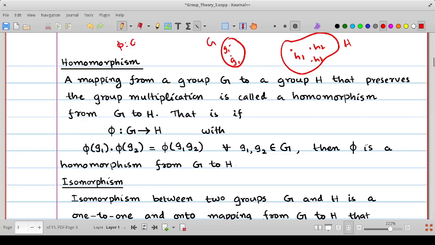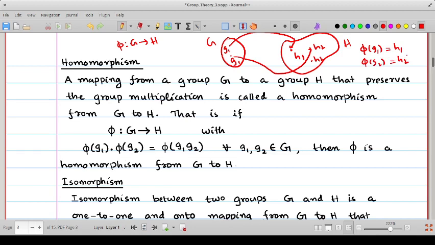It is a mapping from G to H, which associates every element of G with one of the elements of H. That is, G1 is mapped to say H1, G2 is mapped to H2 and so on. So that means phi of G1 is equal to H1, phi of G2 is equal to H2 and so on.